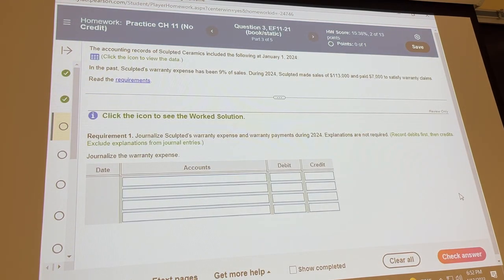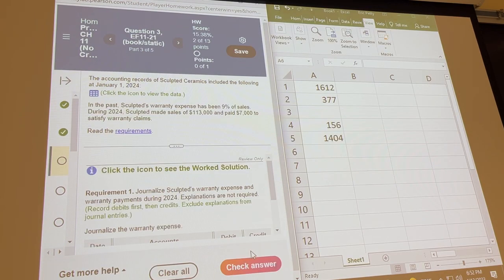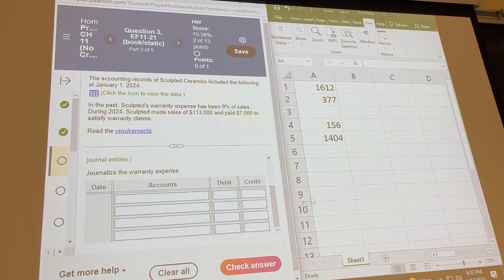Okay, then next we have a warranty problem. And first of all, we're supposed to journalize the warranty expense. I'll split my screen here. So it says that our sales are $113,000. In the past, warranty expense has been 9% of sales.